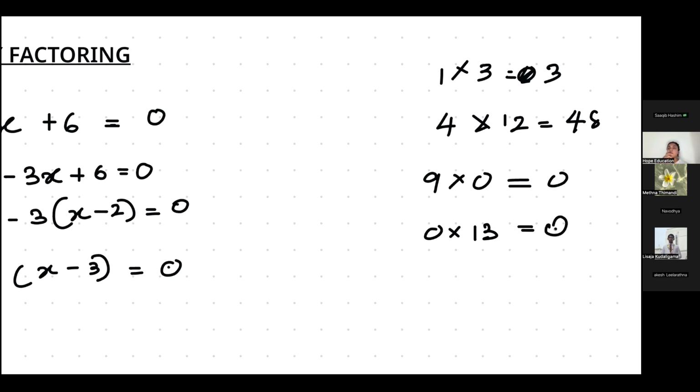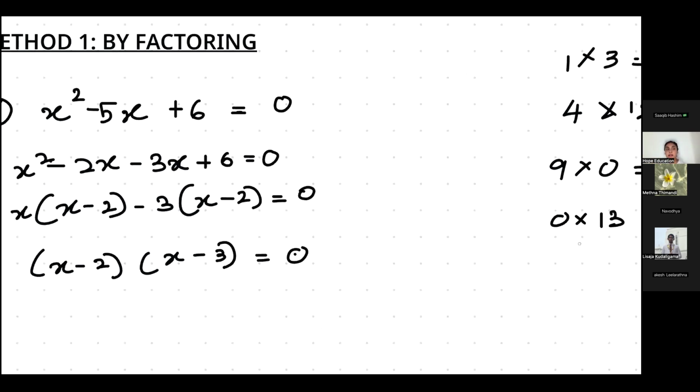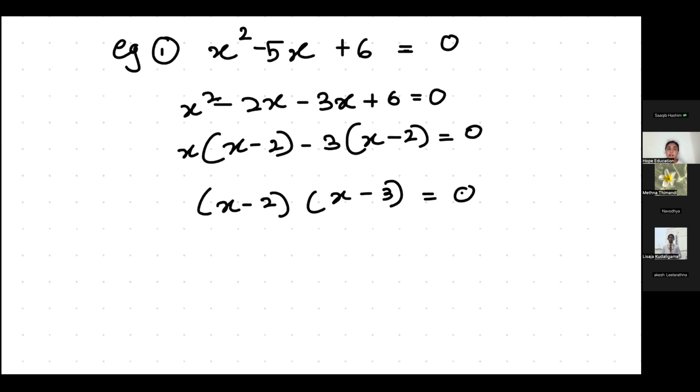Any two numbers being multiplied, if one of the two is 0, the answer is 0. Now here two things are being multiplied, right? The bracket x minus 2 is one, and the bracket x minus 3 is the other. These two are being multiplied and the answer is 0.